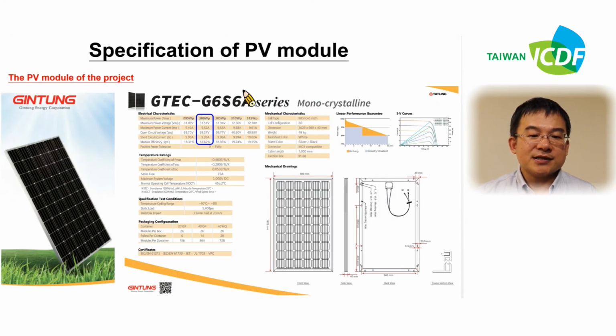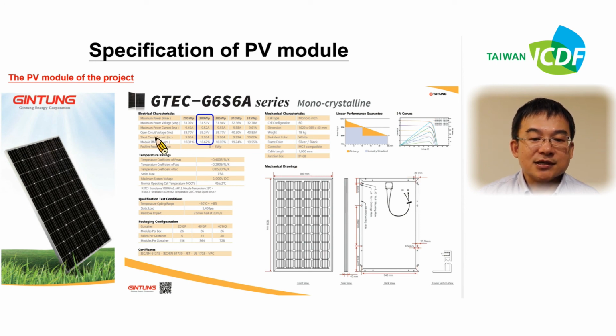Okay, this transparency is the specification of the PV module. This data is from Juntong, which also belongs to the Datong company. This one is a 300 watt solar module.